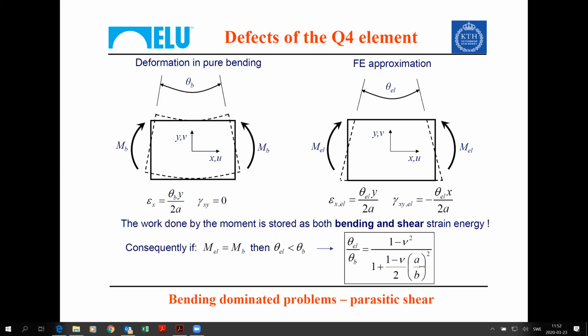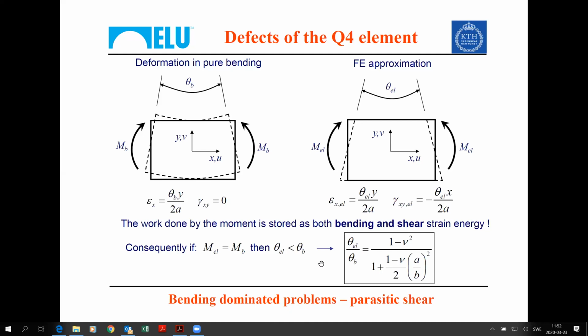What is to be noticed here is that this ratio also depends on the ratio between A and B. So the larger this ratio, the larger the error.